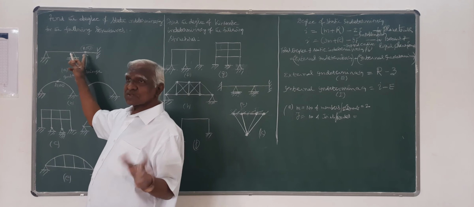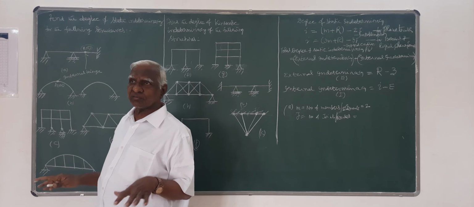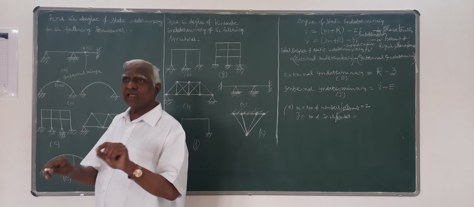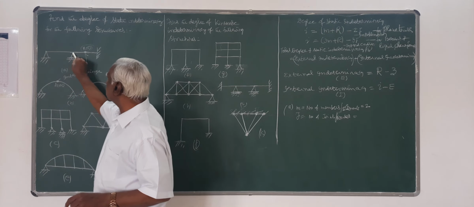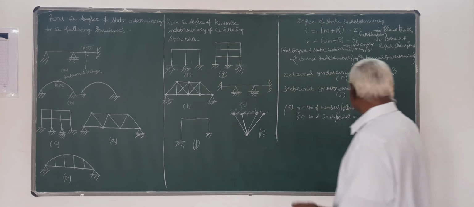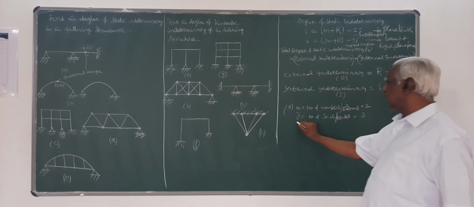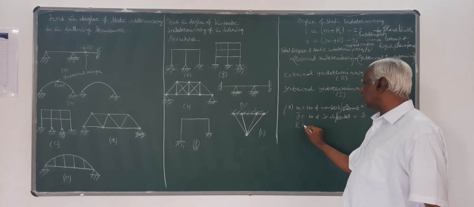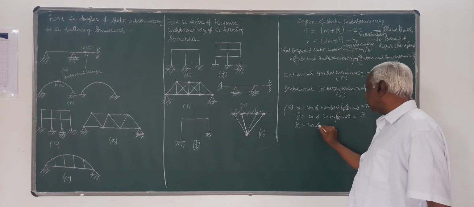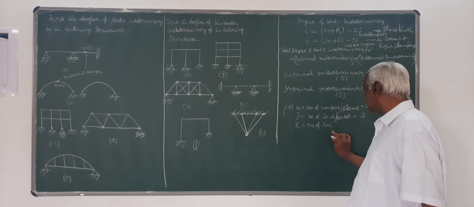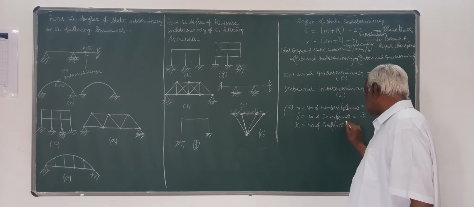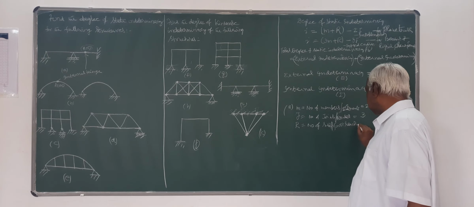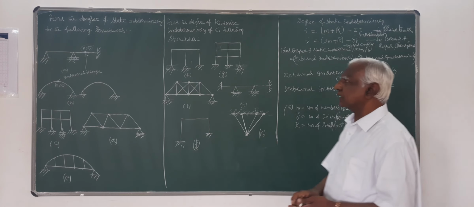Here, there is no question of any transfer of force occurring. That's only a built-in internal hinge. So only 3 joints are there, so you have to take that. And r is the number of support reactions, that is, the number of boundary conditions.